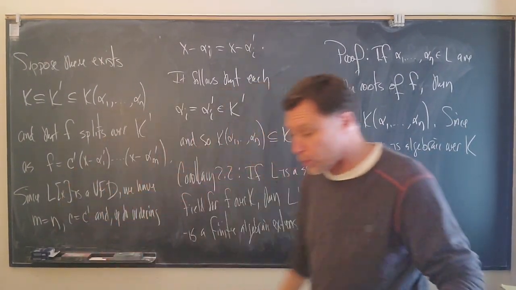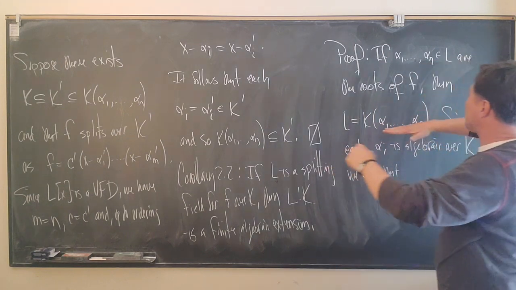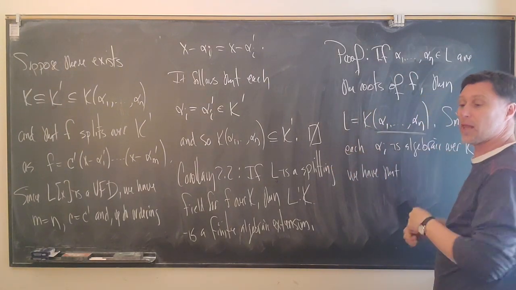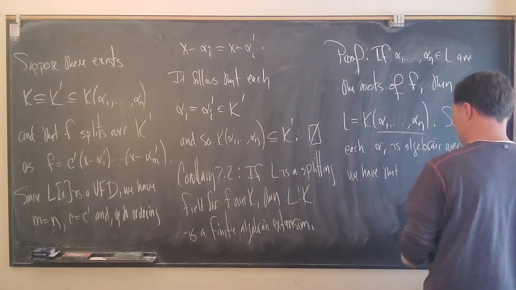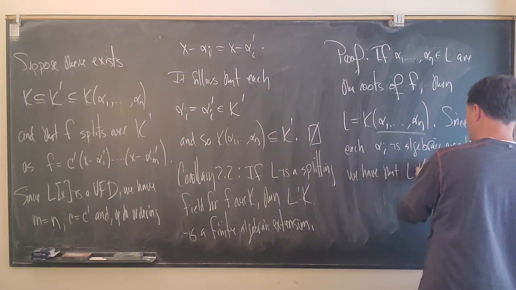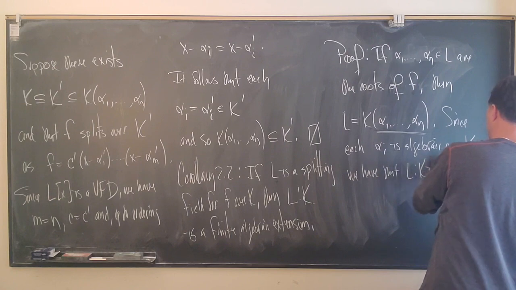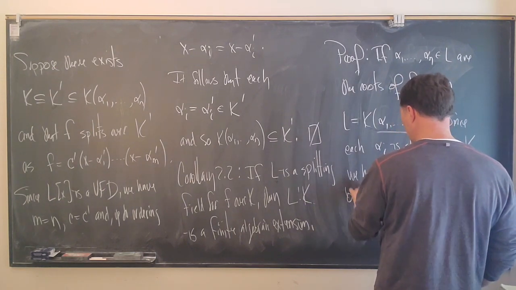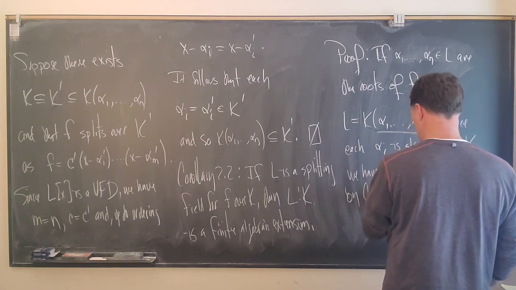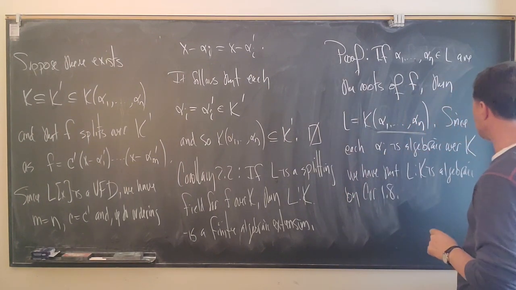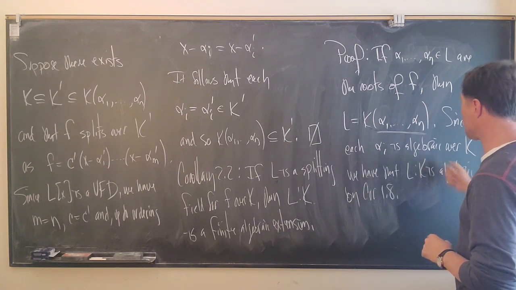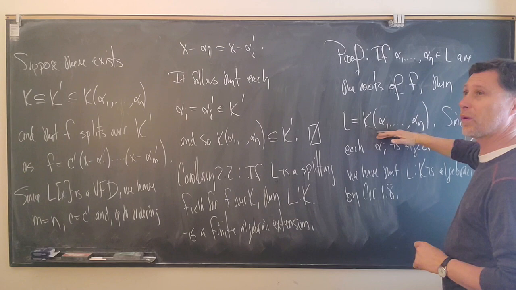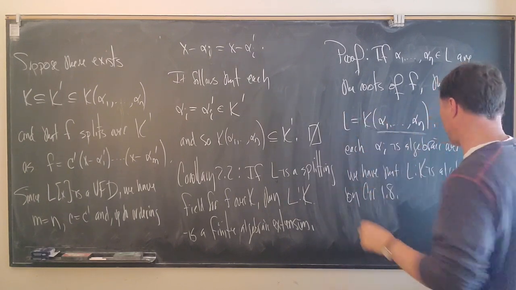Yeah, corollary 1.8 tells us that our extension that we obtain by adjoining a collection of algebraic elements is algebraic. So we have that L over K is algebraic by corollary 1.8. And so now we have an algebraic extension obtained by adjoining a finite number of roots. Theorem 1.7 then tells us that that has to be a finite extension.